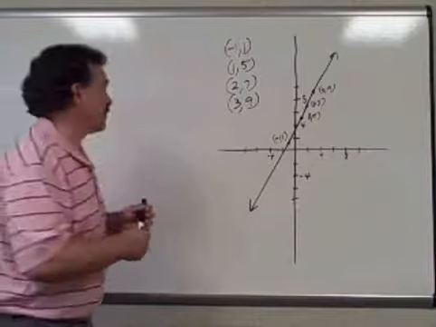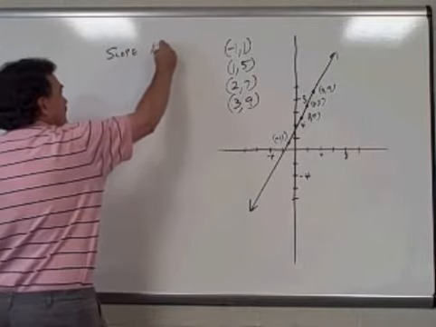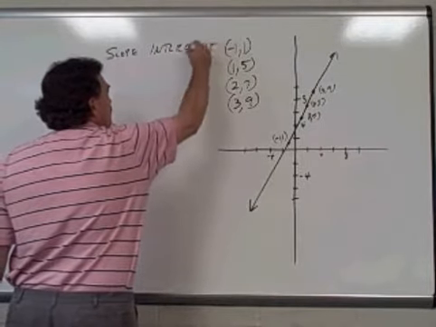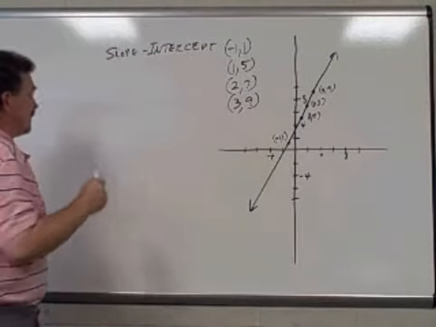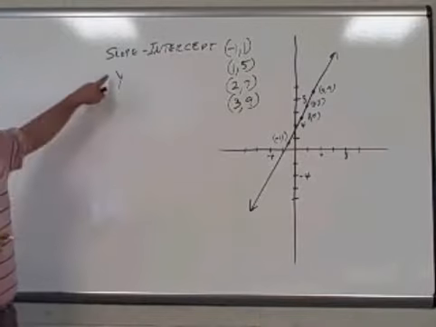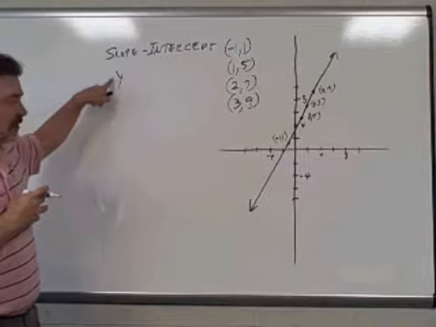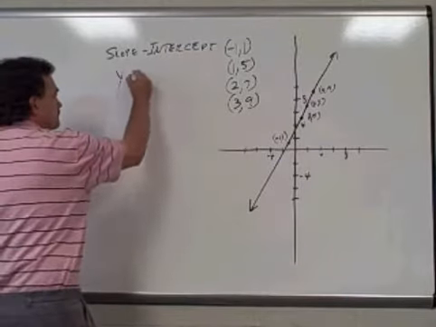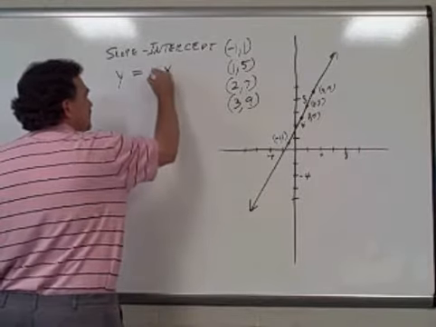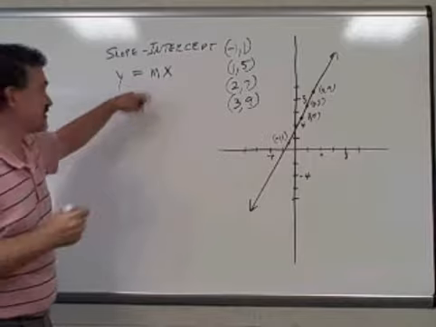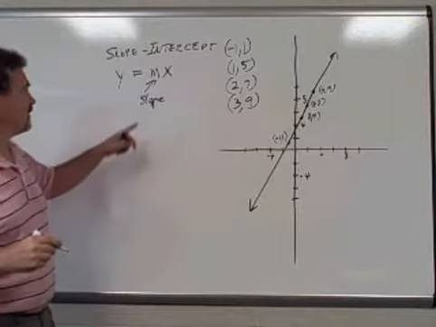In order to do that, we're going to concentrate our efforts on the slope-intercept form of the linear equation in two variables. Remember, the slope-intercept form has the y term all by itself on one side of the equation with a coefficient of positive 1. The x term has some coefficient, and remember that coefficient is the slope, from a previous video.